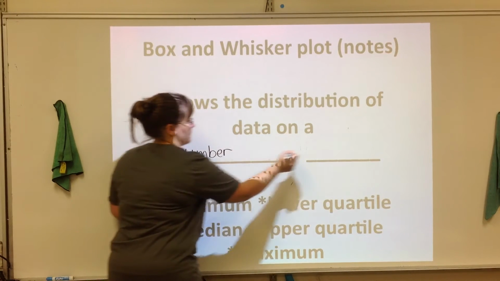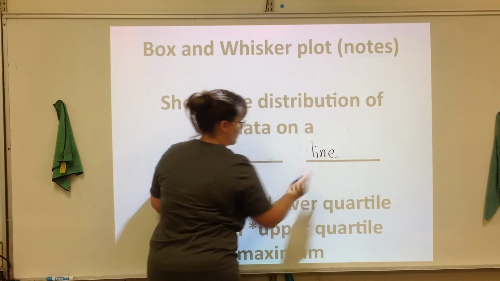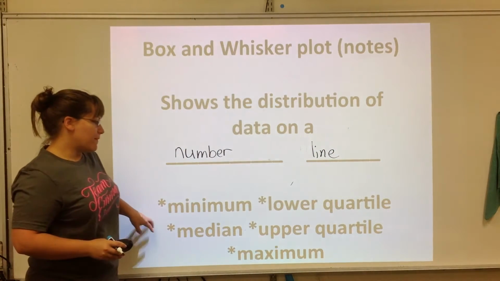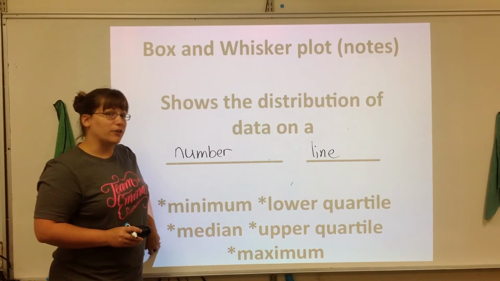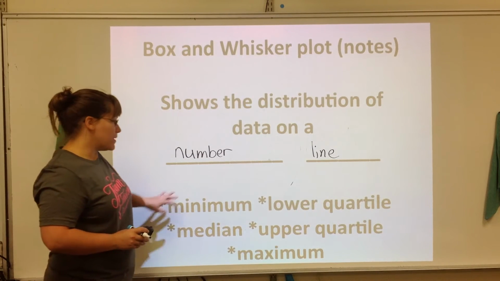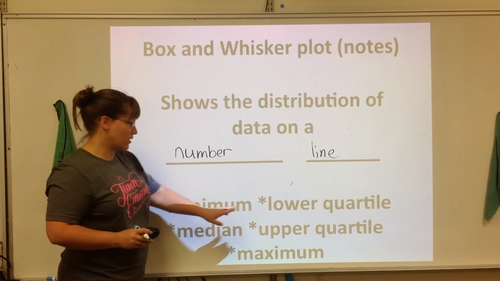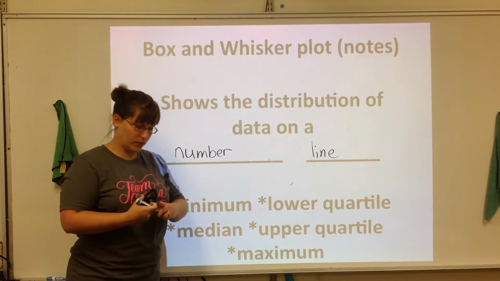You need 5 things in order to draw a box and whisker plot. On your notes, they're already there, but they are minimum, lower quartile, median, upper quartile, and maximum.